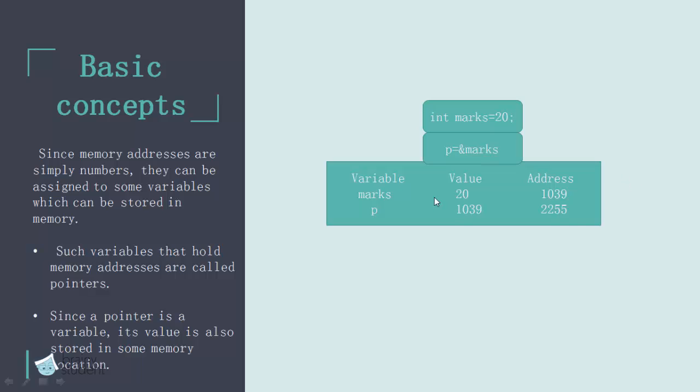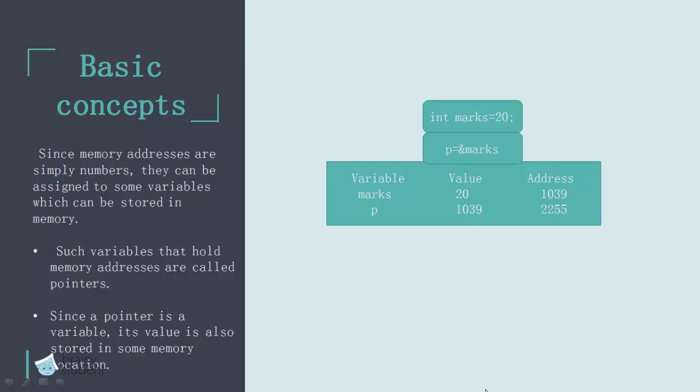So if I write p is equal to address of marks, whatever address, let us suppose the address for this marks is 1039, this 1039 will be assigned as a value to p. So after this statement, 1039, which was the address of marks, will be the value for this variable p.